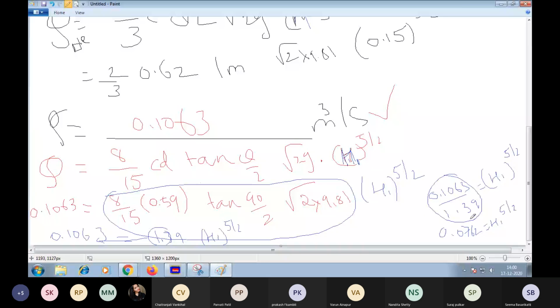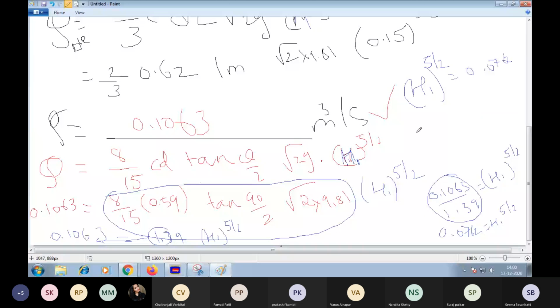Now calculate the value of h1. h1 raised to 5 divided by 2 equal to 0.0762. Now how are we going to calculate h1?